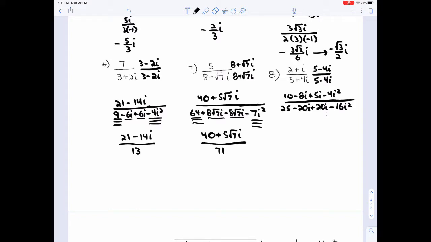On the top, the 10 and the plus 4, since negative 4i squared is plus 4, combine to give us 14. And then negative 8i plus 5i is minus 3i. On the bottom, the 25 and the plus 16, because minus 16i squared is plus 16, combine to give you 41.